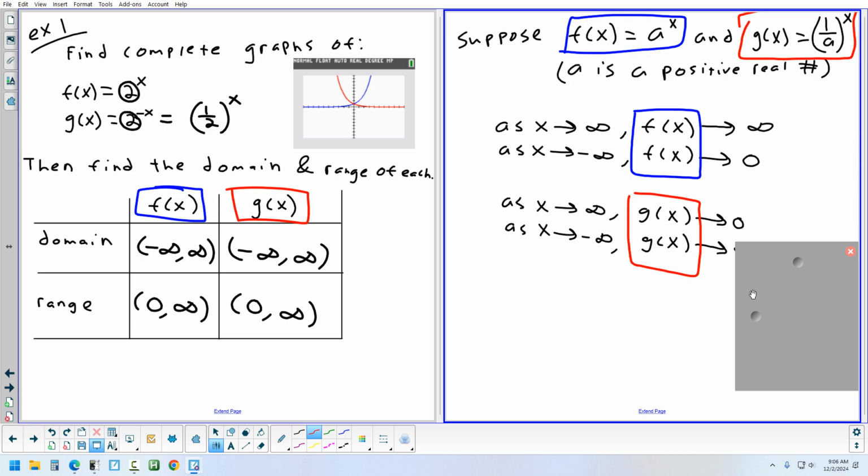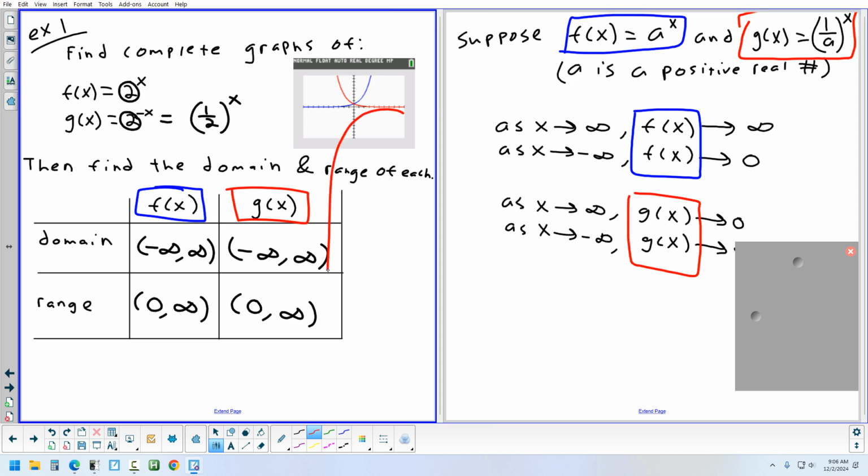How about in that decay graph, as you head to the left, what happens to your y value there? As you approach negative infinity, what's happening to the y value? It's not going to negative infinity. That would mean it does that. It goes to infinity. It's going up, yeah.